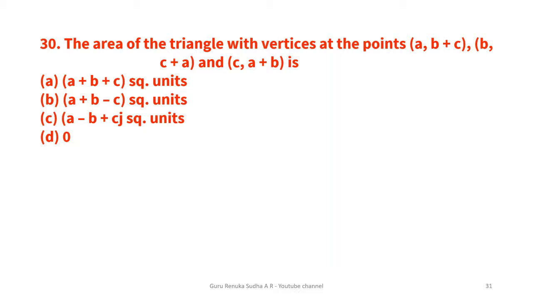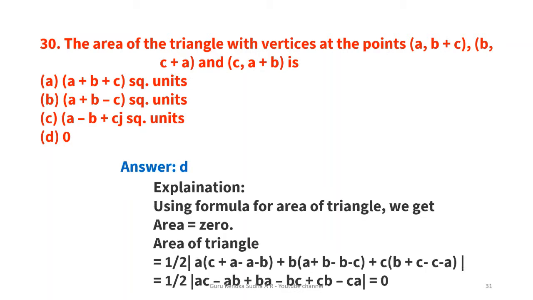Again use the area of a triangle formula, substitute the values, and easily you can get the answer, that is 0. If the triangle has these vertices, its area is 0. So here I have used the area of a triangle formula to get the answer.